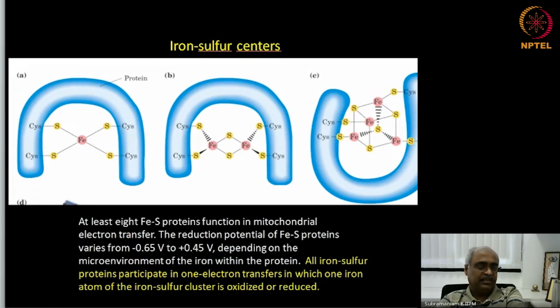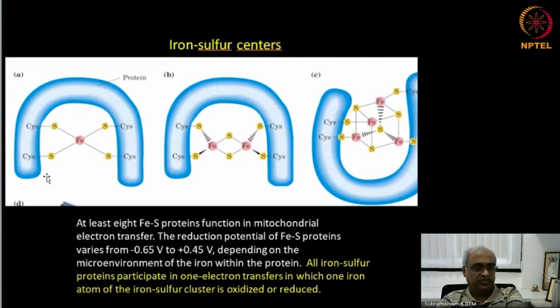Here instead, they are coordinated to the sulfur from cysteine residues of the protein, or in a more complicated way, you might have inorganic sulfurs as well as cysteine sulfurs. And you may have more than one iron. In this case, you see 2, and in more complex structures, you see 4 of them. So these are the Fe-S proteins, iron sulfur proteins.